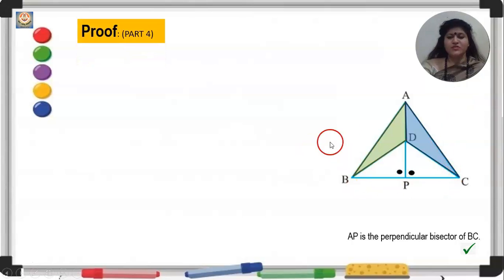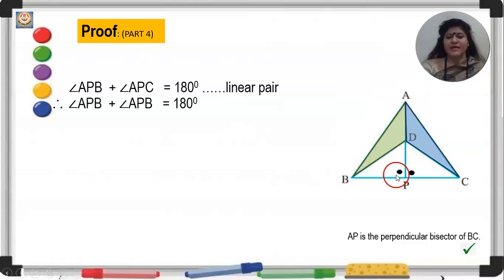Now write down the relation between angle APB and angle APC. They total up to 180 because they are angles in a linear pair. You're already aware that angle APB is congruent to angle APC because of CPCT. We have already proved it. So angle APB plus angle APB equal to 180.